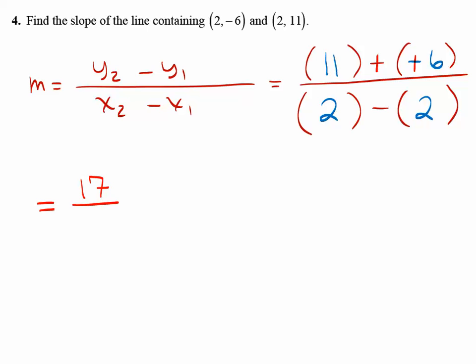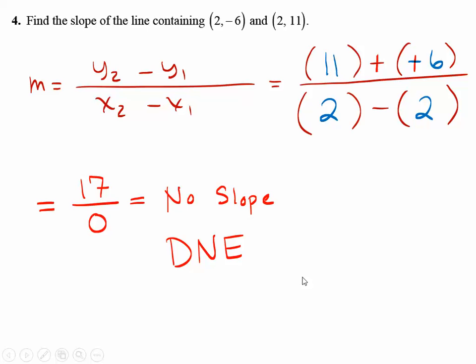But you got 2 subtract 2 on the bottom. You know, the only time the slope fails is, remember, you cannot divide by 0. You can't have so many 0 pieces of something. Doesn't make sense. So 2 different answers here. You could say no slope. Online, when you go online, you're going to have to put DNE. Does not exist. Doesn't make sense to have that.